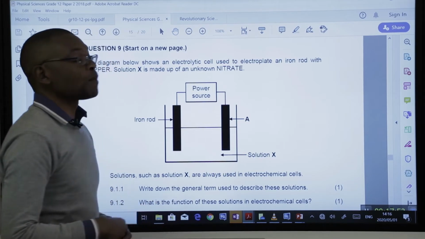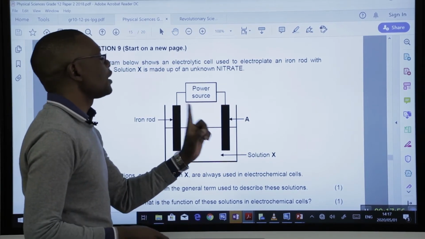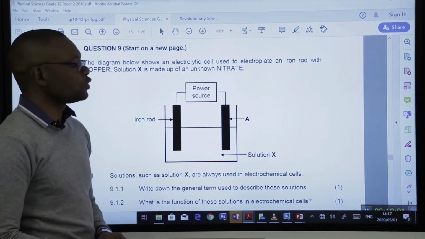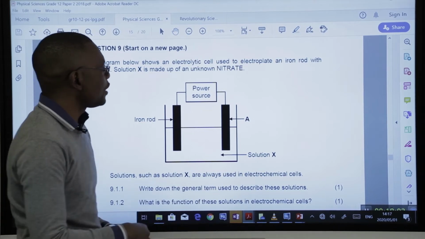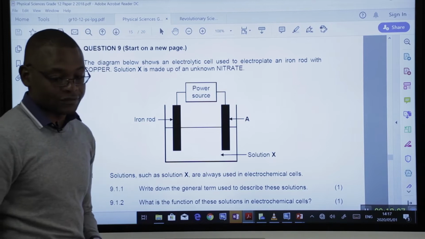While this one is positively charged, because electrode A loses electrons into the solution, and for that reason it is positively charged.